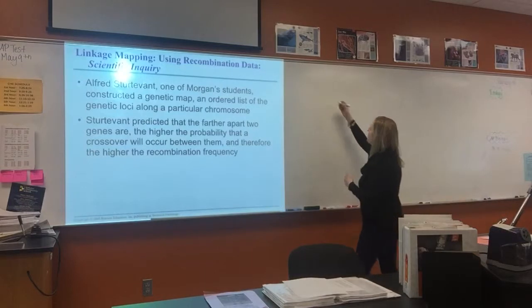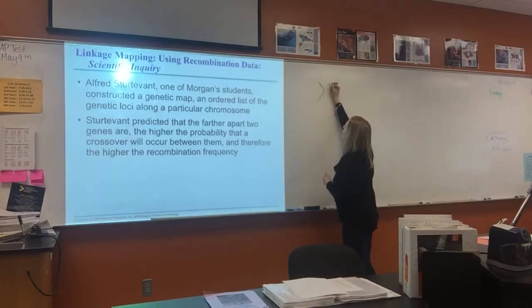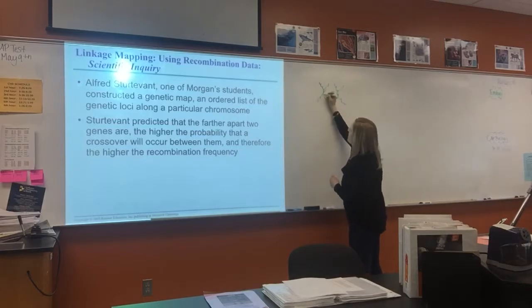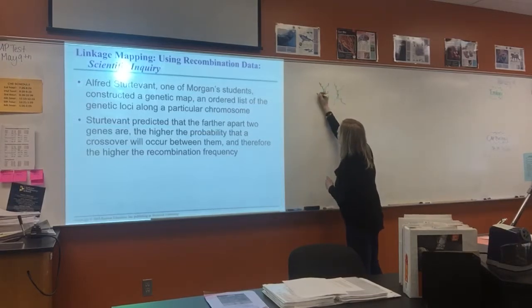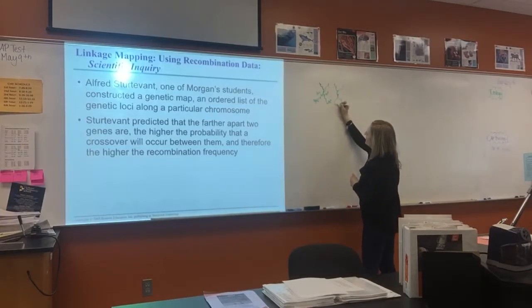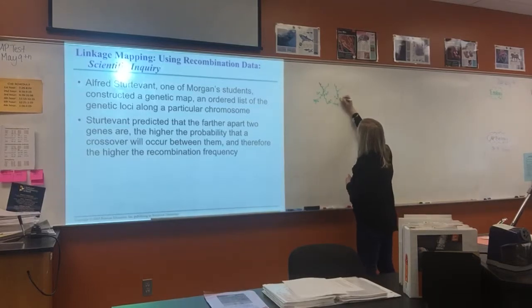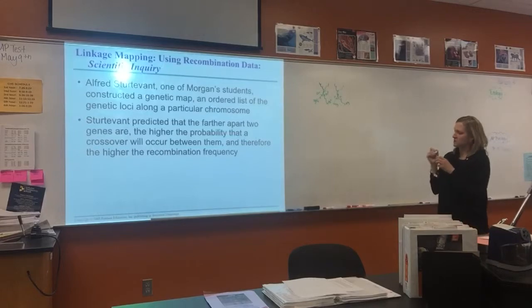So if I have a pair of replicated chromosomes here, and let's say I put the B plus gene right here, and then at the end here the VG plus gene. And this one here has the B gene up here and the VG gene. So these are your 2 chromosomes.